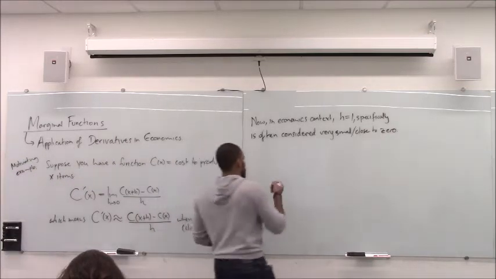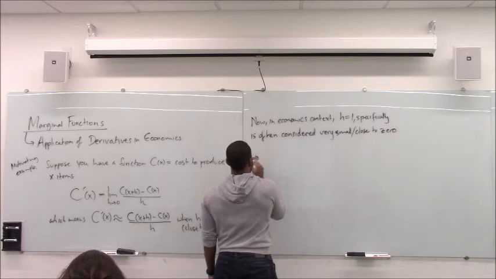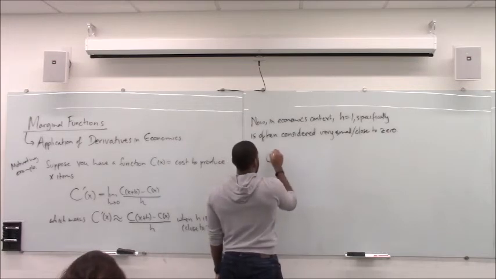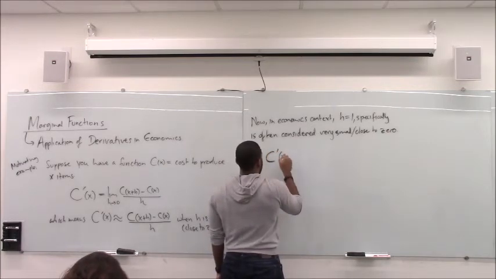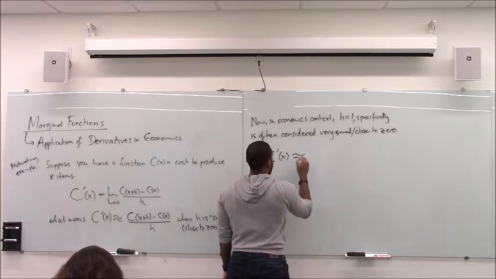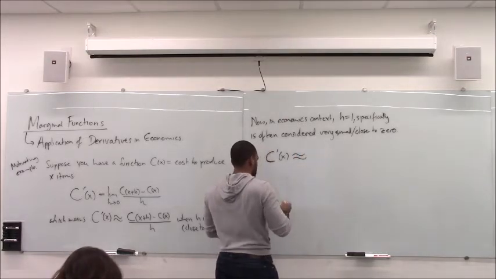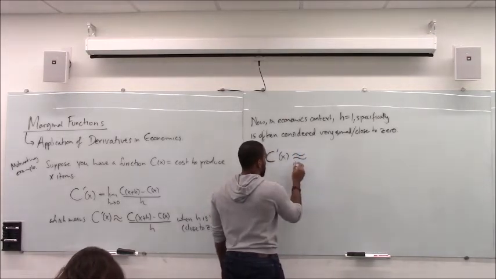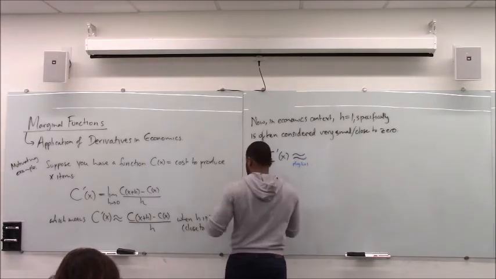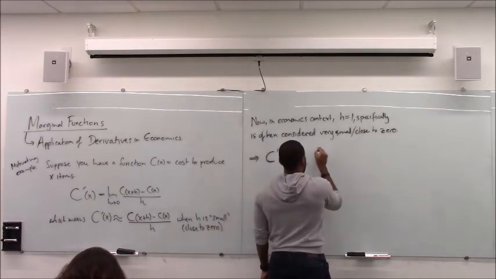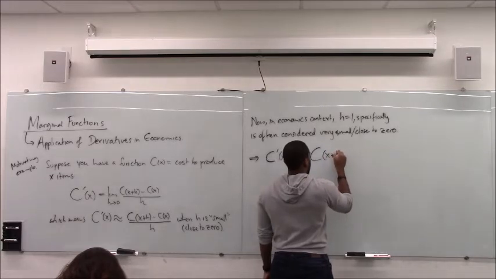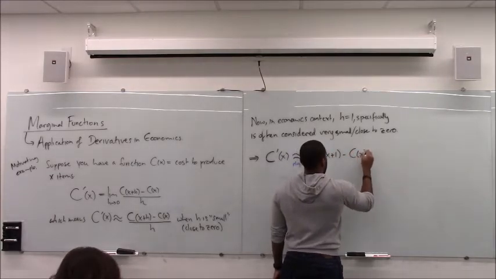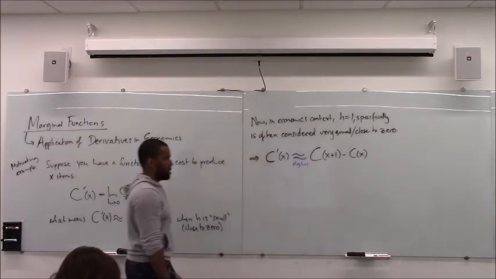So I can think of my derivative as approximately equal to, plugging in h equals 1, c of x plus 1 minus c of x, of course all over 1, but that's just itself.